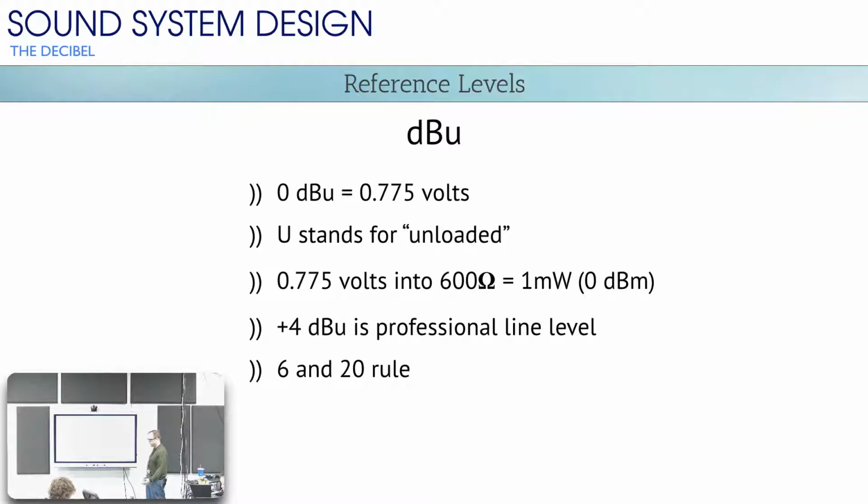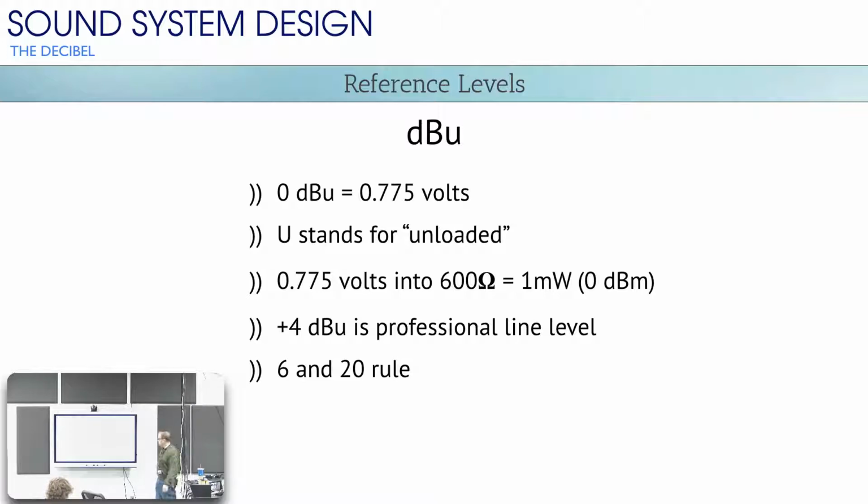It's not very fun. And so instead now, in the professional world, dBu is the professional low voltage audio standard. So 0 dBu equals 0.775 volts. And you're probably thinking, 0.775 volts seems like an awfully weird number to use as a reference point.